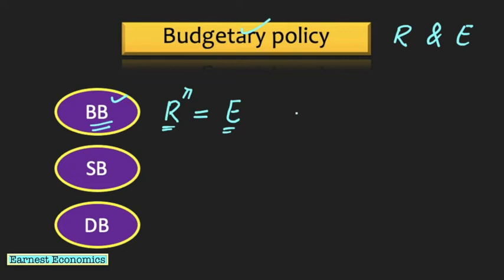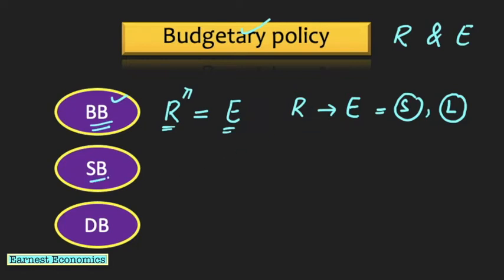In this case, whatever the government receives as its revenue, the same amount is spent as expenditure. So nothing is left with the government. It neither has a surplus of funds with itself, nor has it incurred any loans or debt, because it is spending only that much which it has already received from the economy.